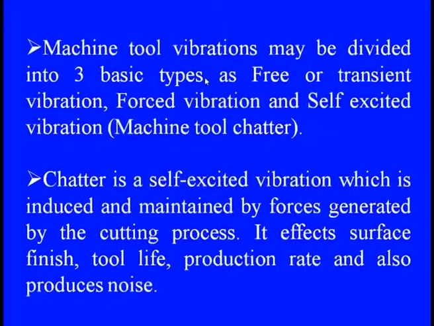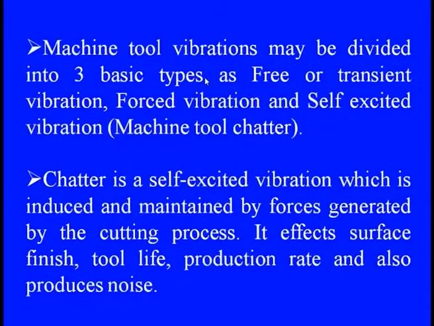And when we simply see that the system is not stable or is providing more excitation, then straightaway it is affecting the rigidity and the stability feature of the entire system itself. And in the machine tool, as we discussed in the previous part, the machine tool vibrations can be divided into three basic features.